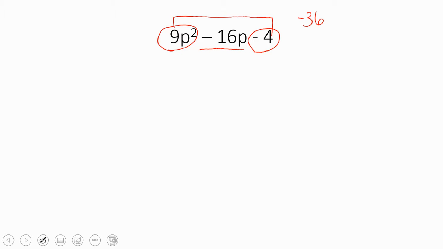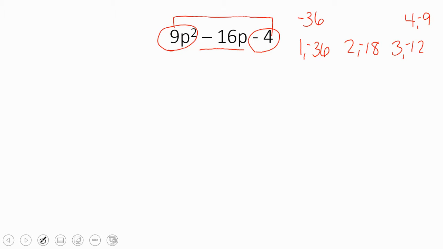Now, if I want them to add to give me negative 16, that means the bigger number has to be negative, right? Because when you add, keep the sign of the bigger number. So my factors could be 1 times negative 36, 2 times negative 18, 3 times negative 12, or 4 times negative 9.